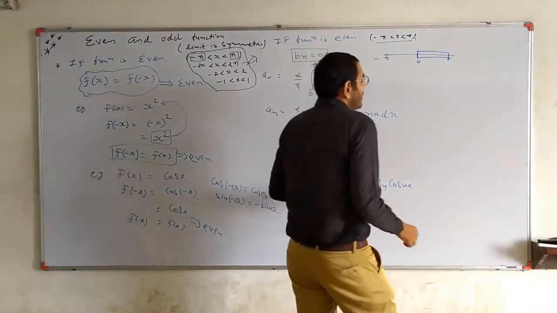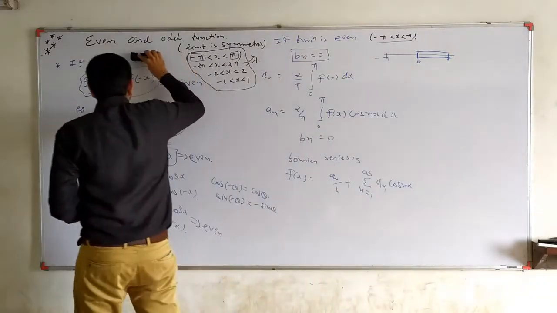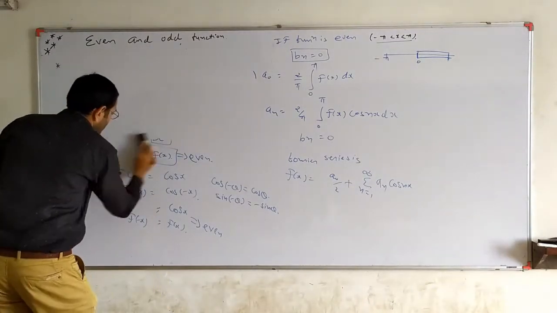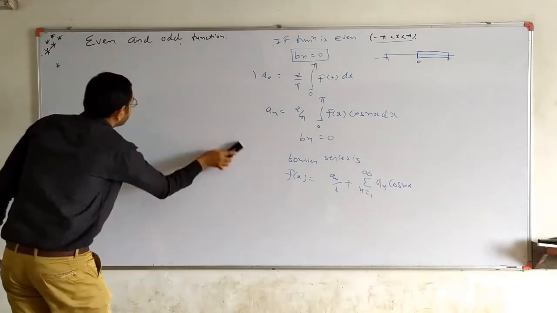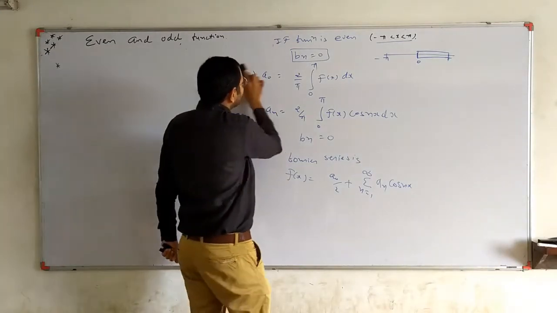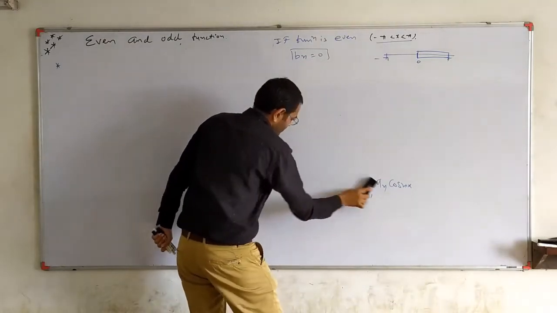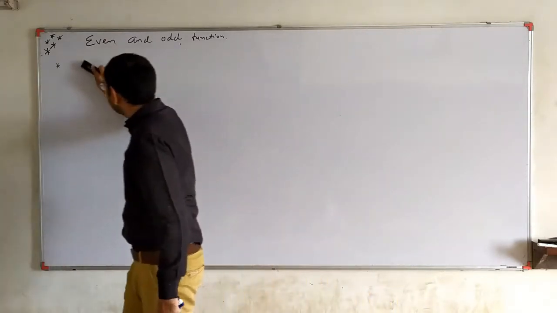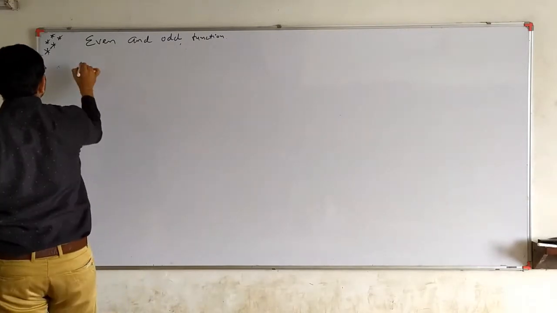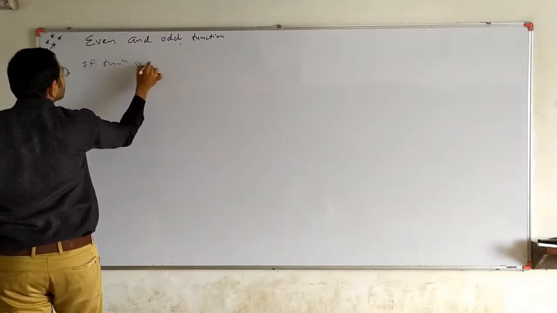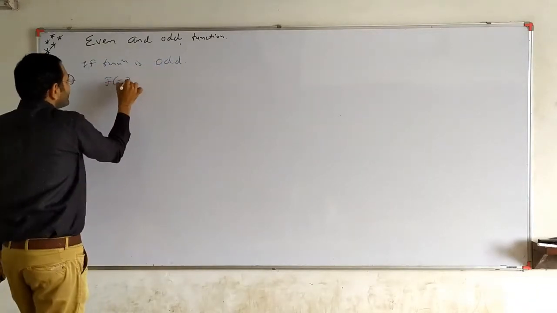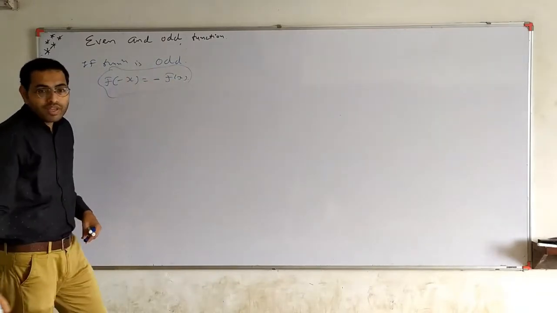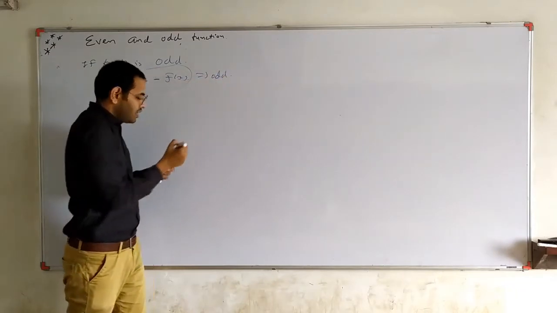Suppose the function is odd. If the function is odd, it means we replace x with minus x and we get f of minus x equal to minus f of x, then we can say that the given function is an odd function.